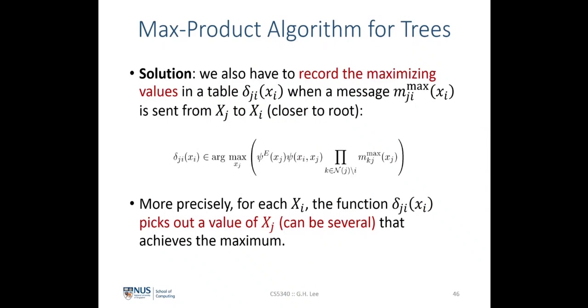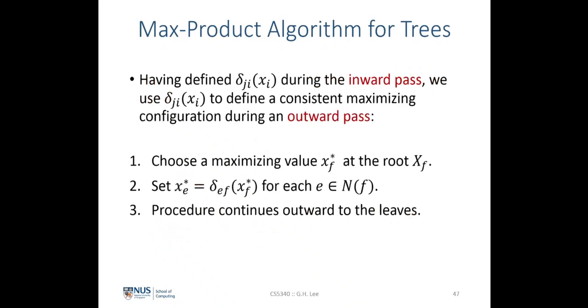We'll do this by introducing another value over here, which we call delta_{ji}, that records the configuration of x_j. For example, when I'm moving from x_j into x_i, in this particular case, I'm going to record this value that achieves the maximum value. We'll see exactly how this is done.